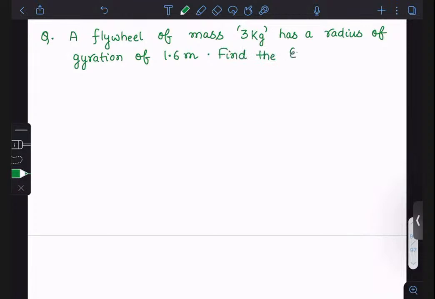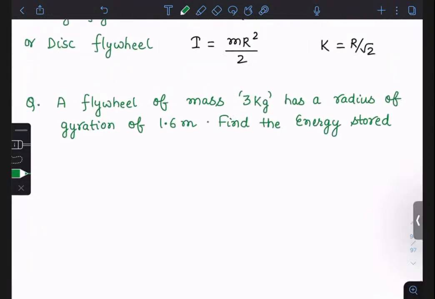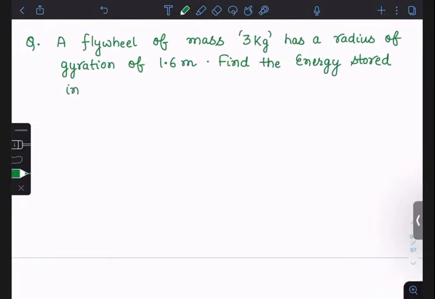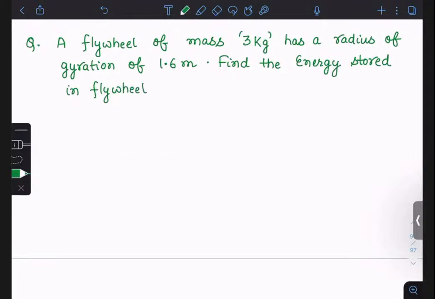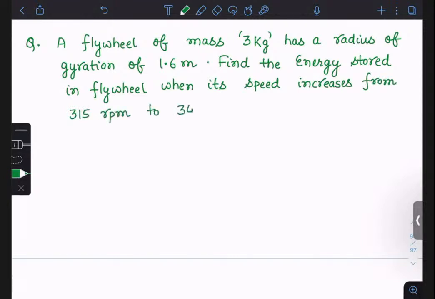Find the energy stored in the flywheel when the speed increases from 2340 RPM.